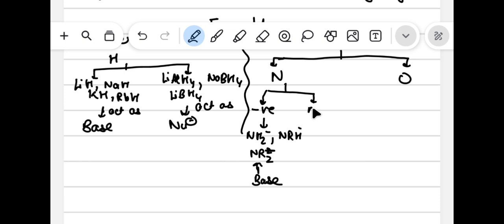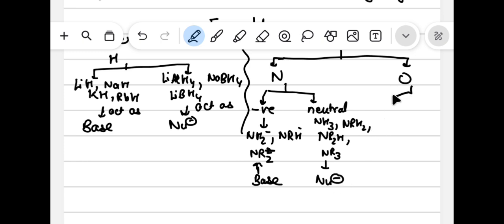If these are neutral like NH3, NRH2, NR2H, NR3, then it will act as a nucleophile.